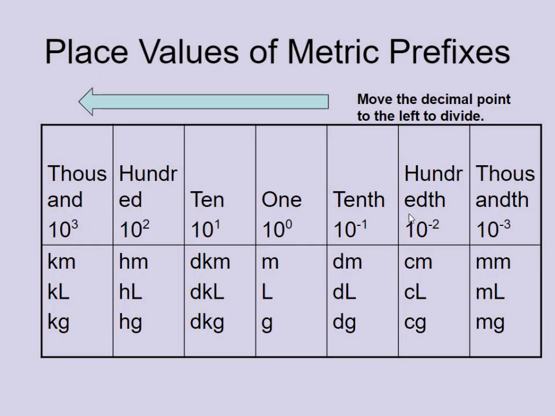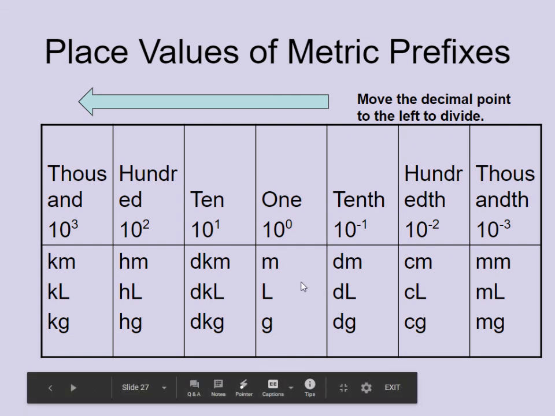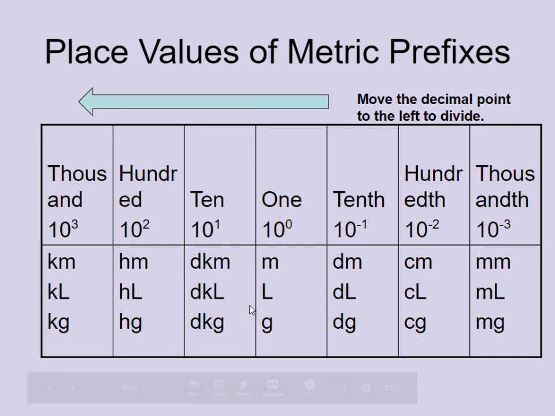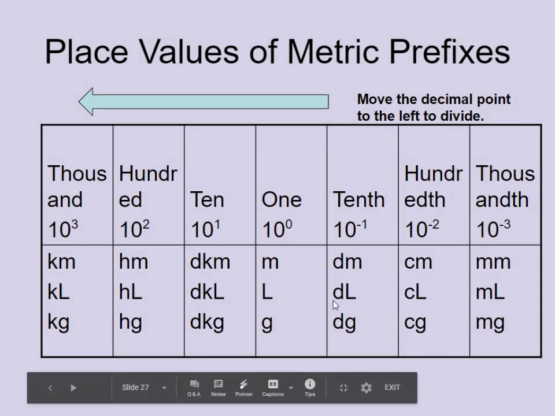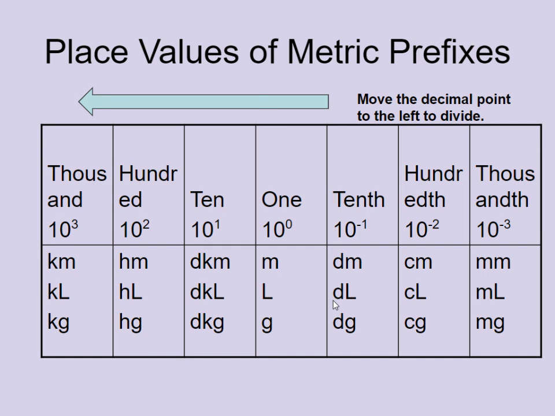So if we're going from millimeters to centimeters, we're going to go 1, 2, moving it from the right to the left. That is the two ways of doing it. You can either multiply, which I showed you in one of the videos, or you can move the decimal. Either is fine.